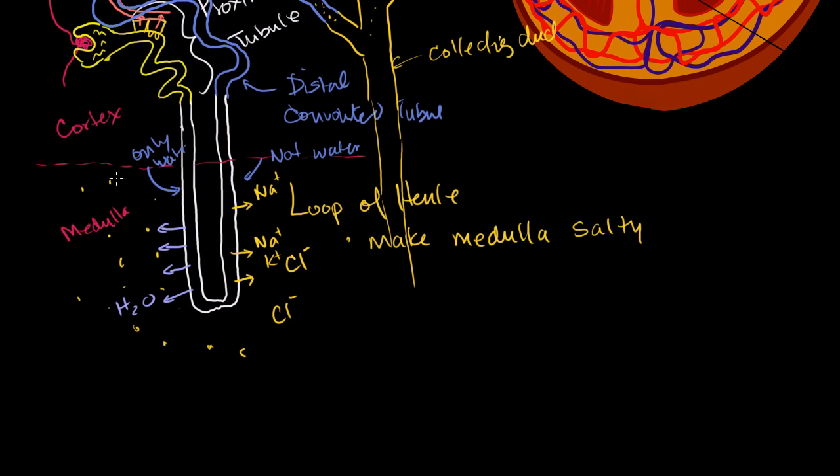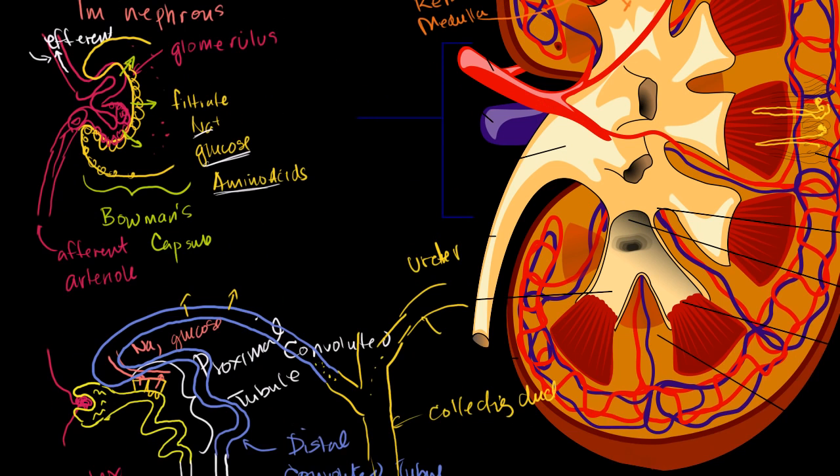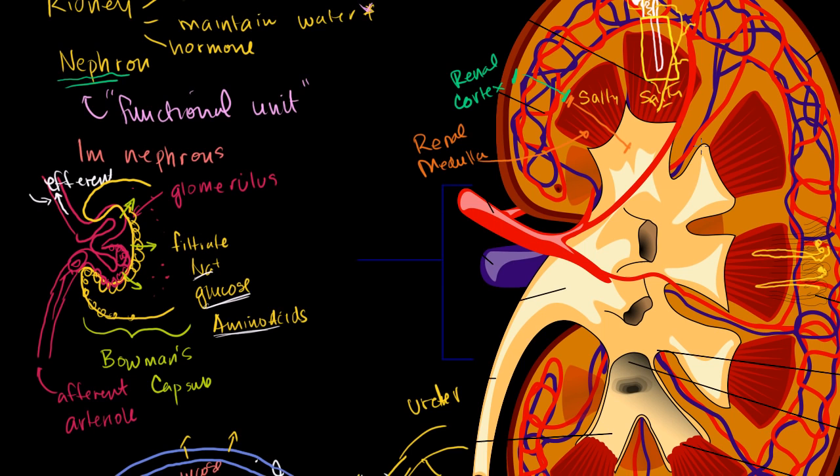And if it makes it very porous, it allows more water to leave as we go through the medulla, because this is very salty. So the water will leave if this is porous. And when we do that, it makes the filtrate, and we can maybe start calling it urine now, even more concentrated. So we lose even less water, and it keeps collecting until we end up here, and it leaves the kidney and goes via our ureters to the urinary bladder.